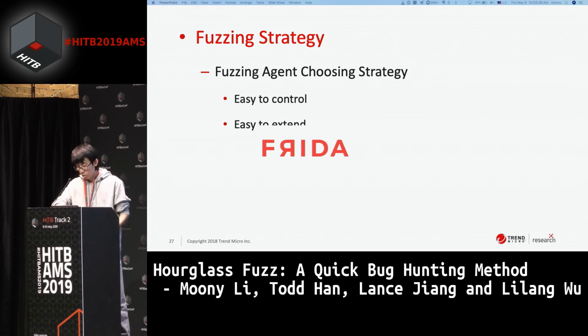Also, with JavaScript, we can easily extend our fuzzing script to add or remove a function that we want to fuzz, or accurately control our mutating policy, like increasing the probability of a data stream to be mutated, or skipping some specified bytes in a passed data stream when we find that byte should not be mutated.